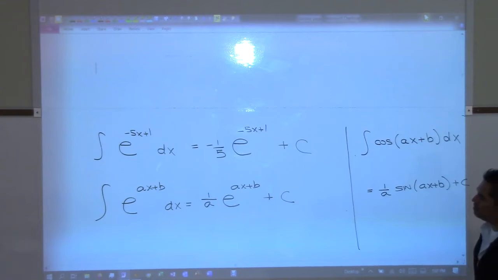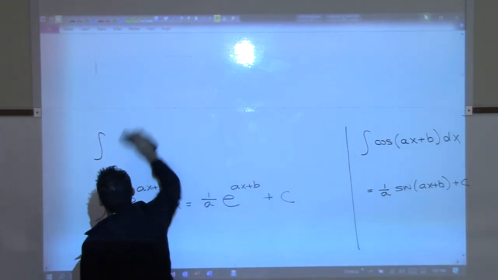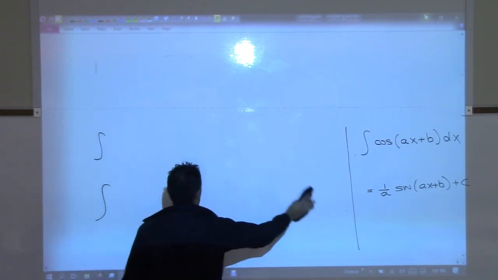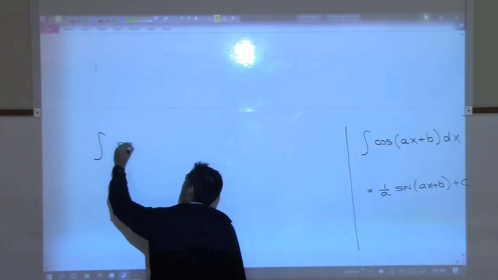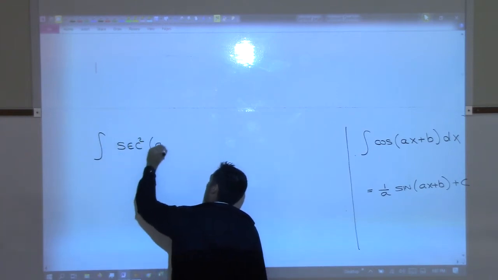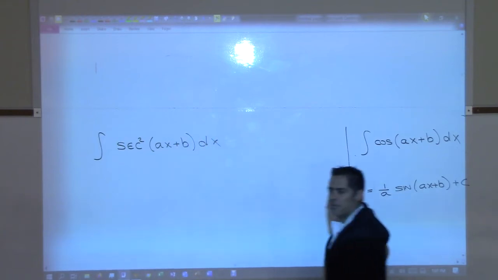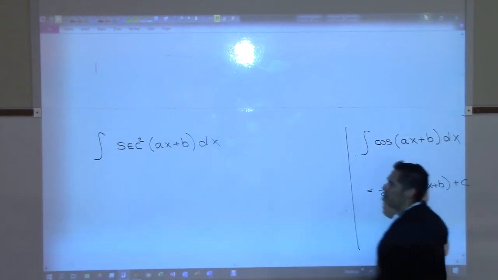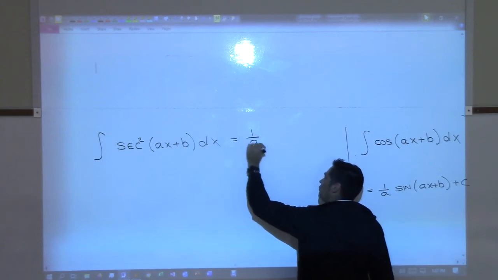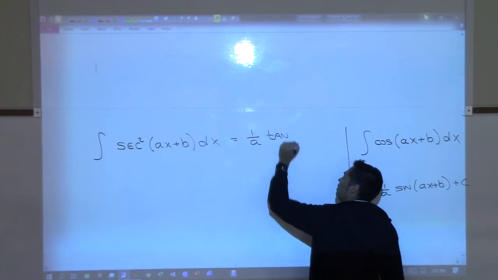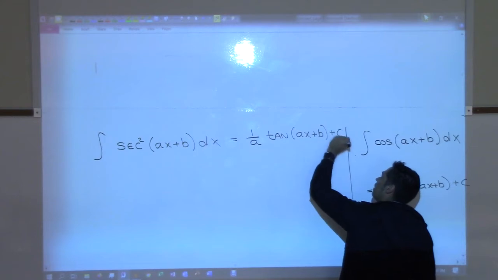Let's see if we can get one more general formula. I mean, we could keep going with a bunch of them. What's something else we know? How about secant squared of ax plus b? Using the same concept here, the antiderivative of this should be 1 over a tangent of ax plus b plus c.